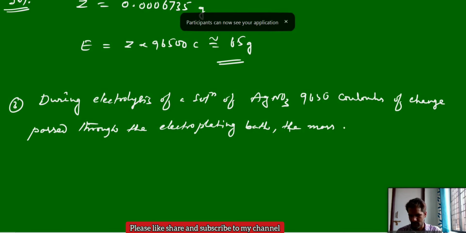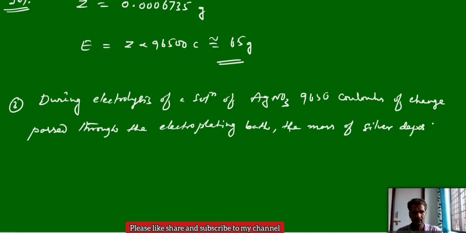Then the mass of silver deposited on the cathode will be? This is the question. During electrolysis of a solution of silver nitrate, 9650 coulombs of charge pass through the electroplating bath. Then the mass of the silver deposited on the cathode will be?